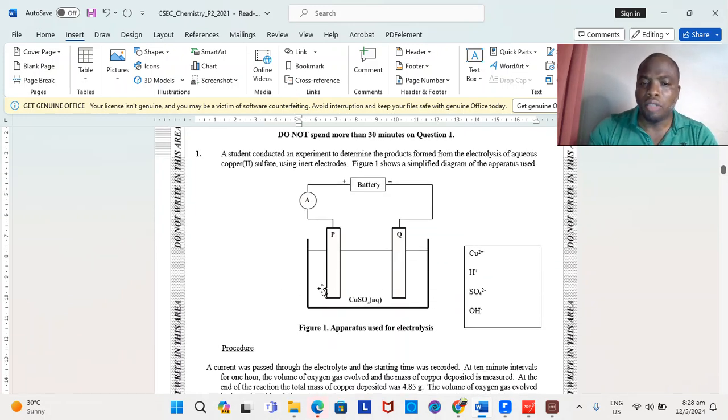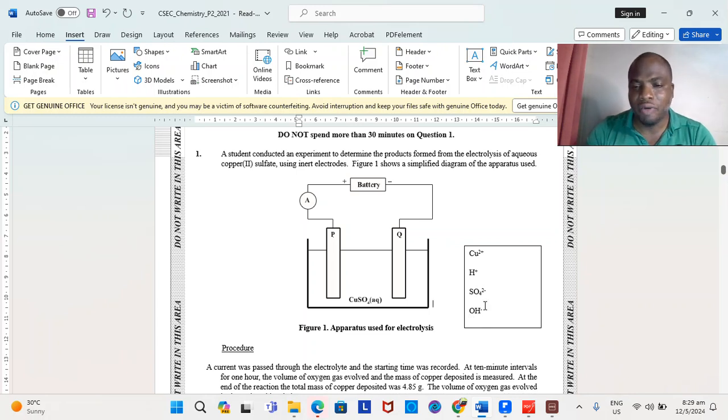So looking back at the setup, what would have been happening in this case? Because we're using inert electrodes, which could be made out of graphite or carbon, we know both of these ions would be attracted to the anode, but only one of them would be discharged.